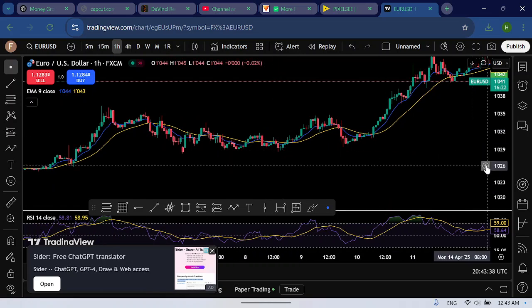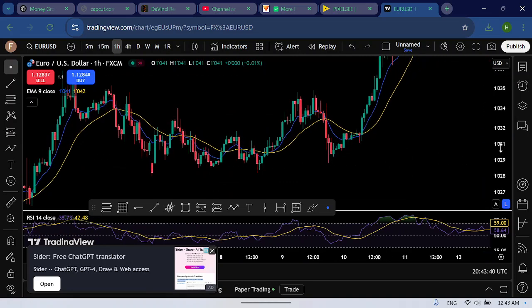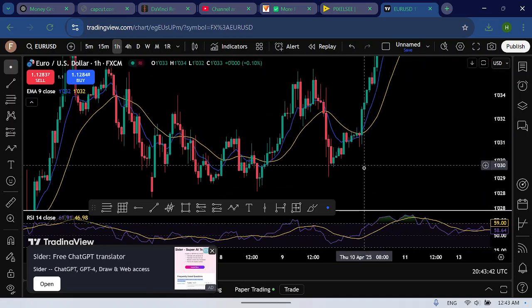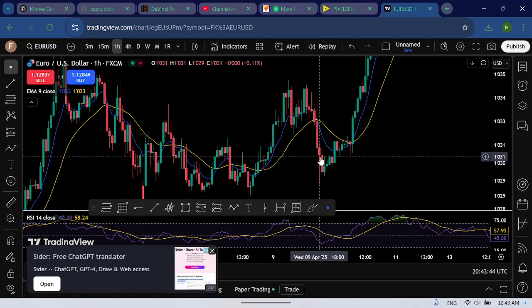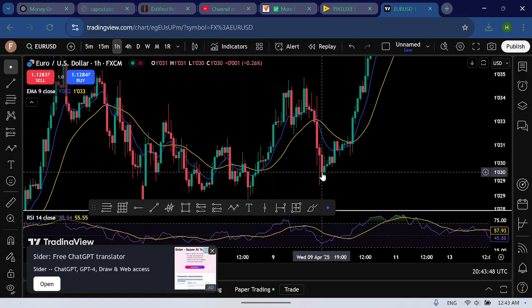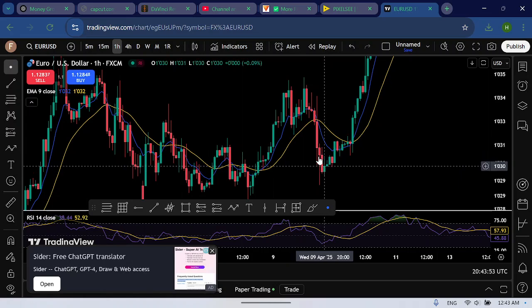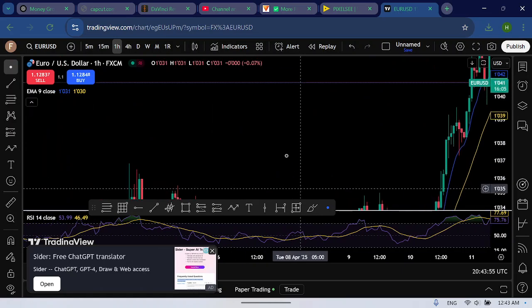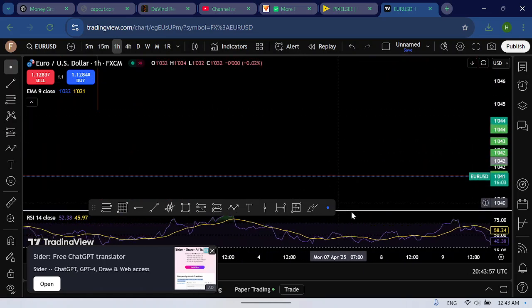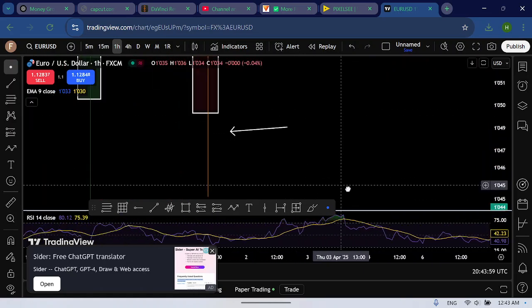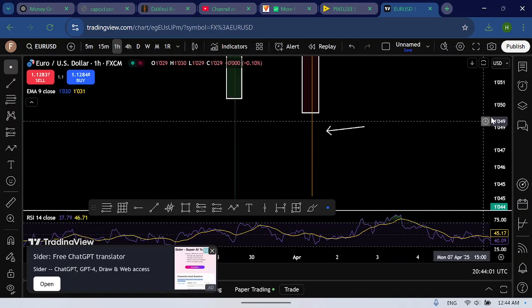Another example: this candle opened and closed, and the other one is a green candle, and it opened and closed.